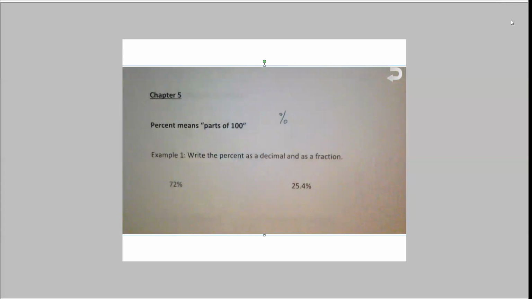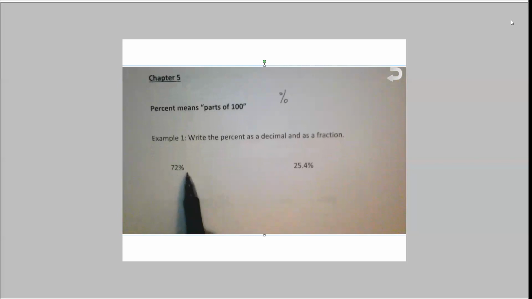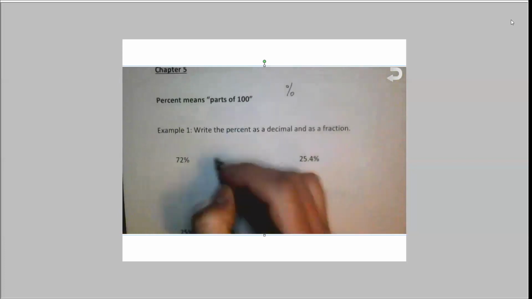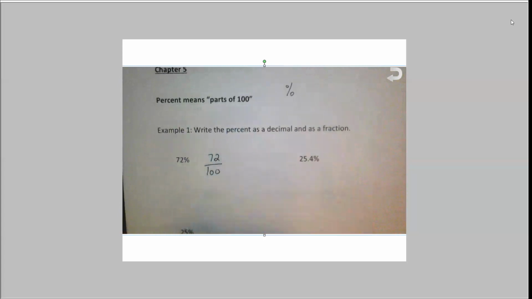In example 1, it says write the percent as a decimal and as a fraction. So I have 72%. If percent means per 100 or parts of 100, then in order to convert that to a fraction, all I have to do is drop the percent sign and take that number and write it over 100. That is a fraction.